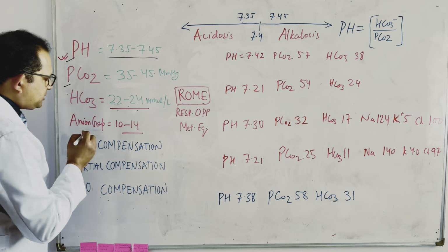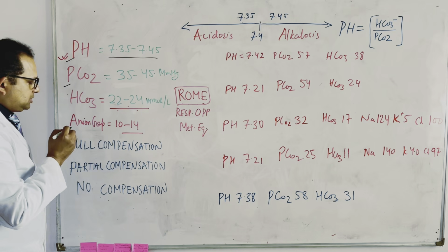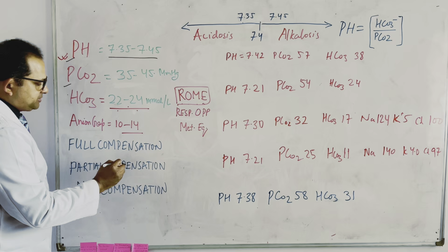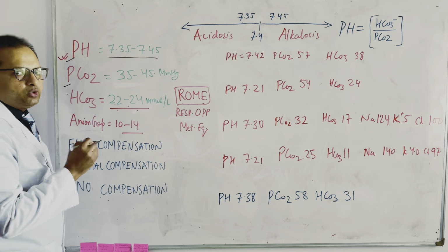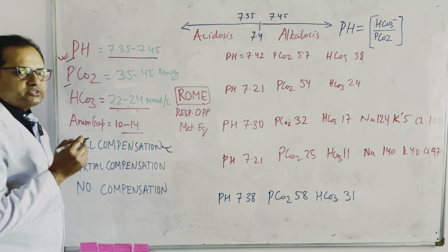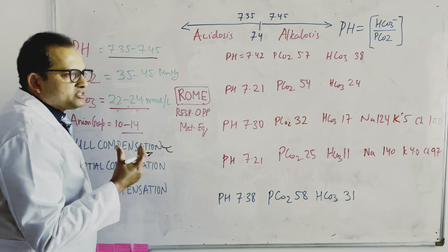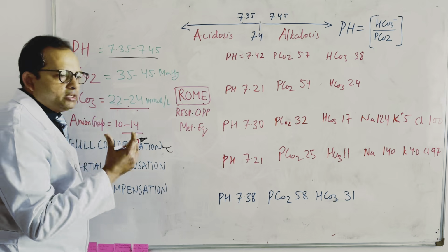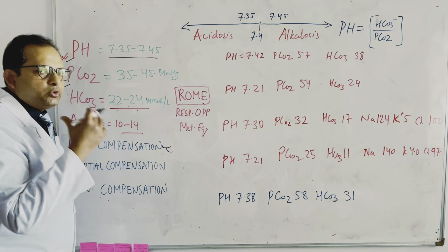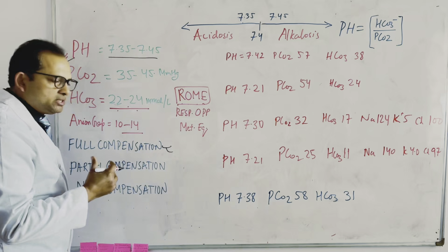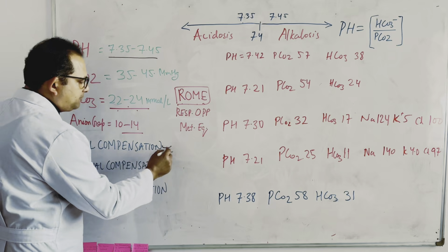There are three terminologies here. One is full compensation, the other is partial compensation, and there can be no compensation. So what does it mean? Full compensation means when there is acidosis or alkalosis, there is a compensation going on in the body, and if it brings the pH to normal, that is full compensation.